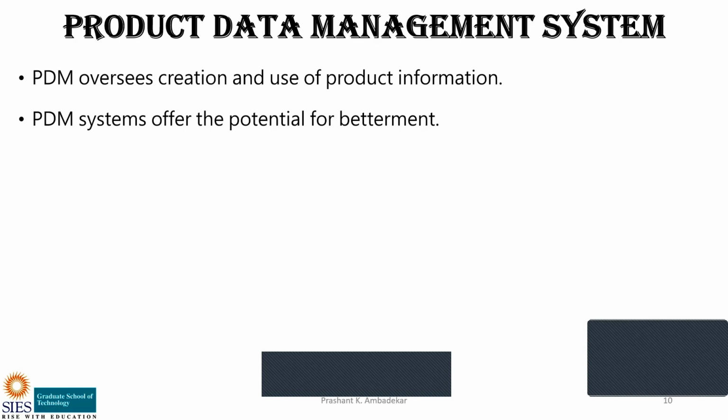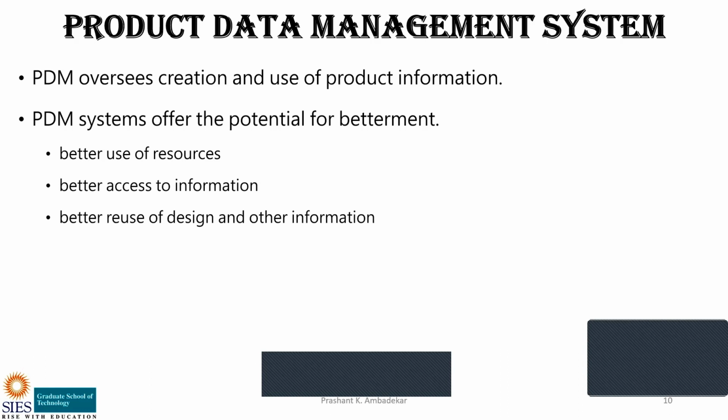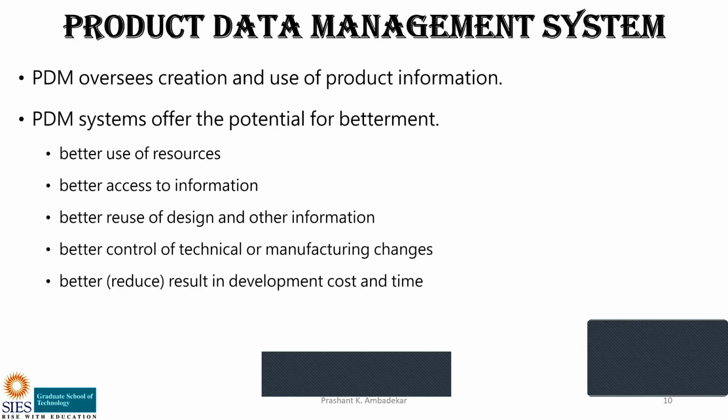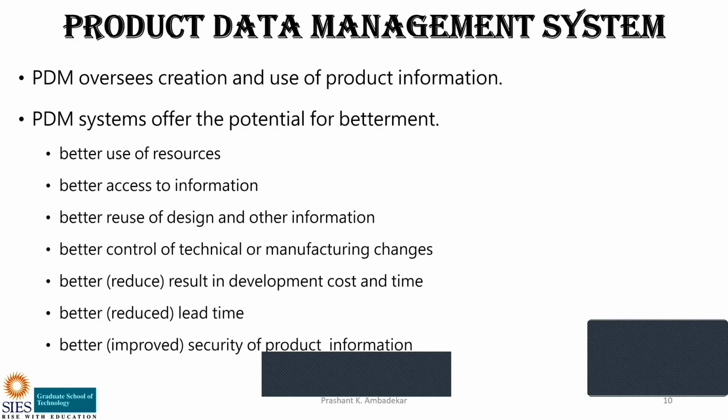A PDM system should offer benefits for the betterment of the product. It should offer better use of resources, better access to information, better use of design and other information, better control of technical or manufacturing changes, reduction in development cost and development time, reduced lead time, and it should also provide improved security of the product information.